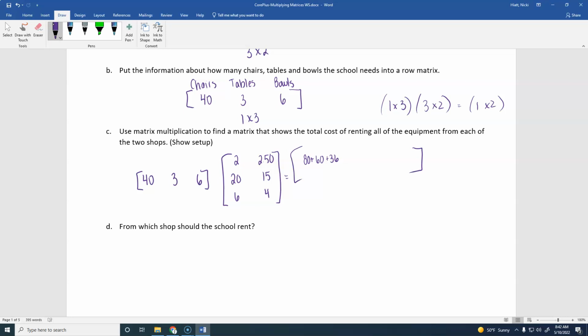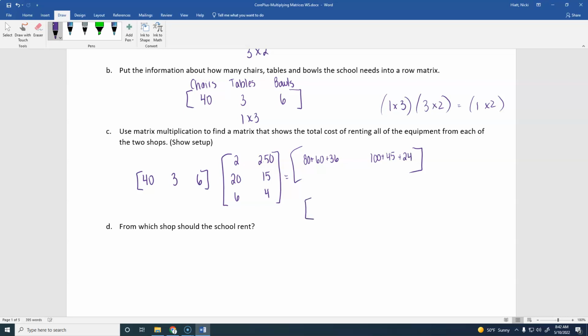And then I've got to do 40 times 250, which is going to be 100. And 3 times 15, which will give me 45. And 6 times 4, which will give me 24.